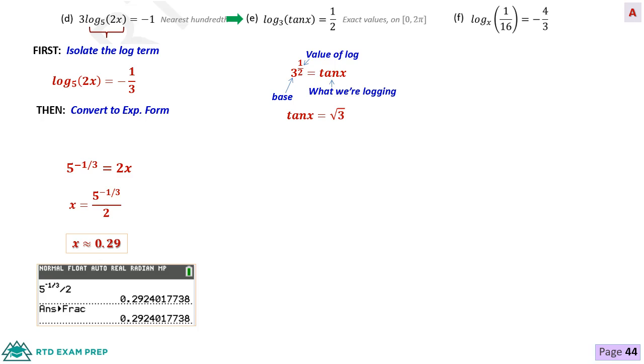Do you recall your work with trigonometric ratios and where the tangent of x was equal to the square root of 3? Well, this question's asking for a domain between 0 and 2 pi. So we're going to answer in radians, but let's first think this through. Where is tangent positive, and what reference angle has a tan ratio of root 3?